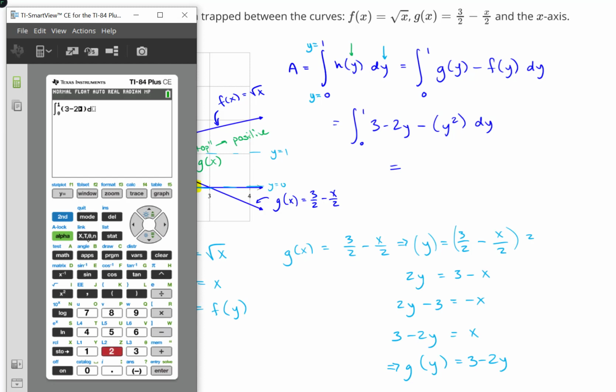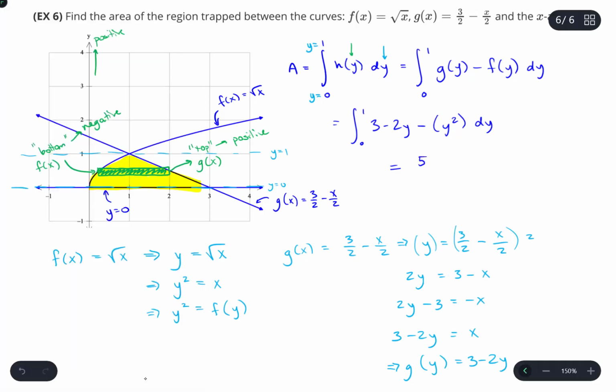Y is not as convenient to grab, so you'd have to press alpha and the 1 to get a y here. All right, and then minus alpha 1 squared, dy. There we go. All right, so then that's going to need to be changed into a fraction. So we get 5/3 as our answer here.